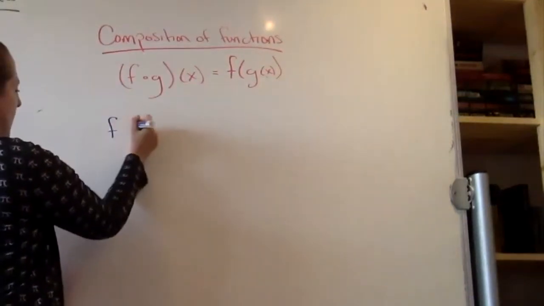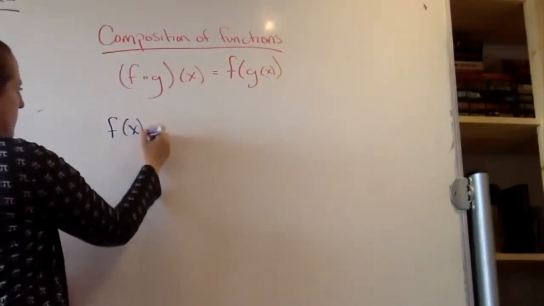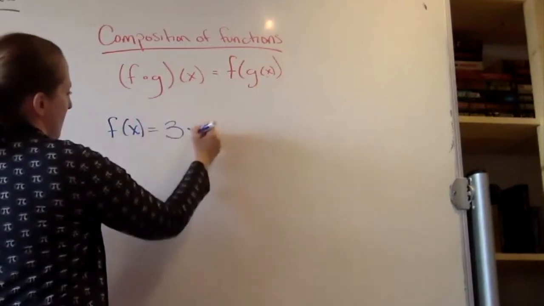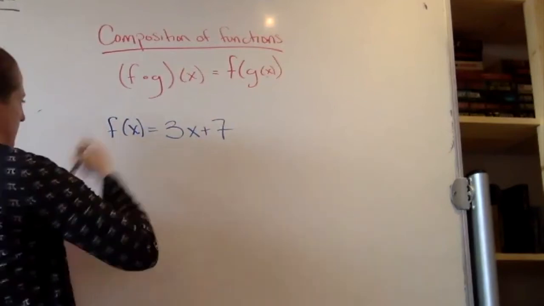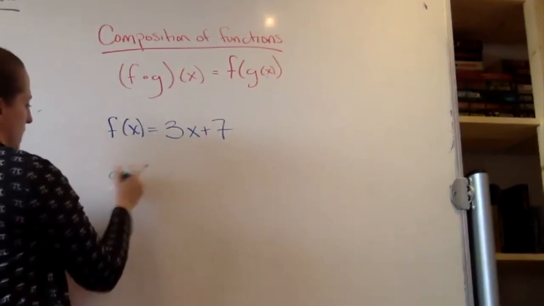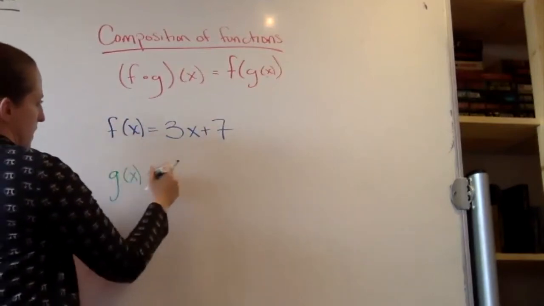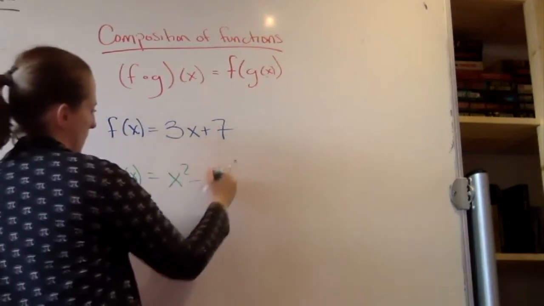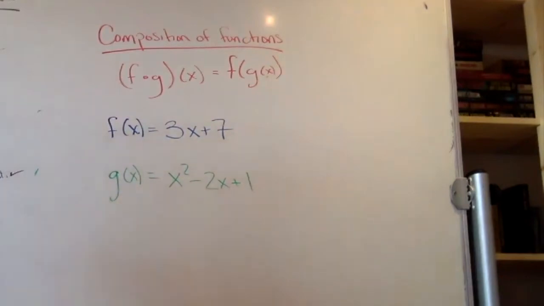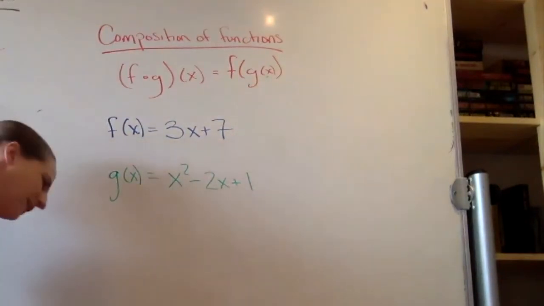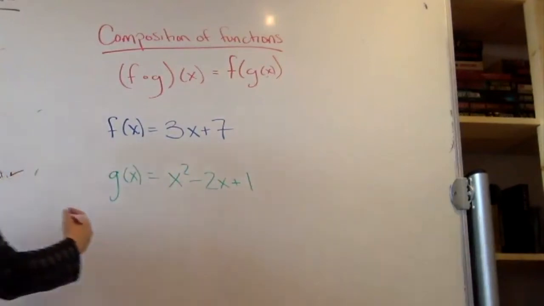So let's look at f of x equals 3x plus 7, and g of x equals x squared minus 2x plus 1. We could compose these functions, but what I want to do is think about what happens when we start sticking numbers in that composition.